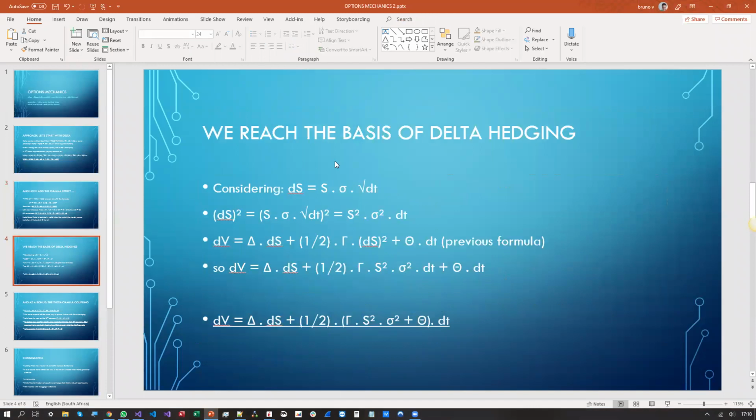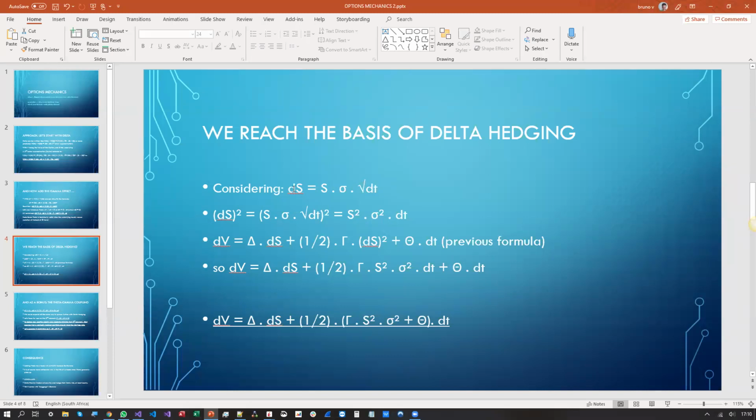And this is really the basis of delta hedging, because if we now look at the variation of the price of the underlying, this is a standard formula that you probably know when you do your T plus N projections. For example, for the 1SD projection, you use the price of the underlying times sigma, which is the implied volatility, times the square root of the difference in time.